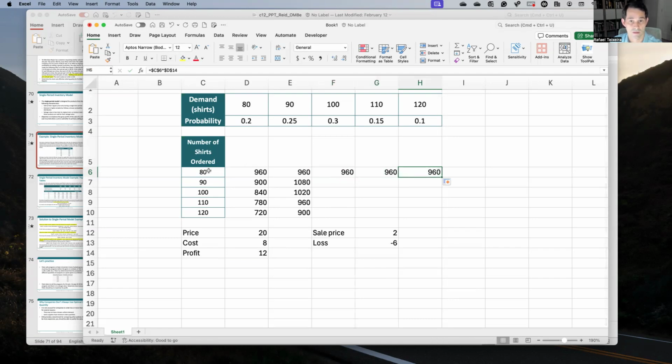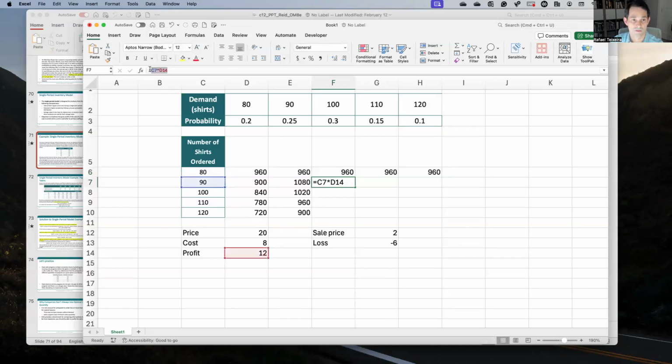Why? Because he always orders 80 and the demand is always more. So he sells all the 80. He has some lost sales, but we're not computing the lost sales. It's the same thing for the 90. Everything here is higher than 90. So I'm going to repeat the same profit, 90 times 12. Okay.